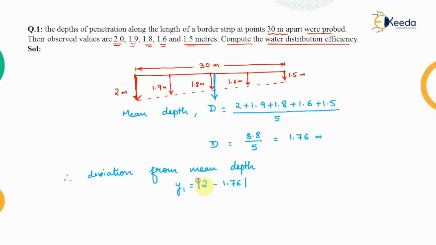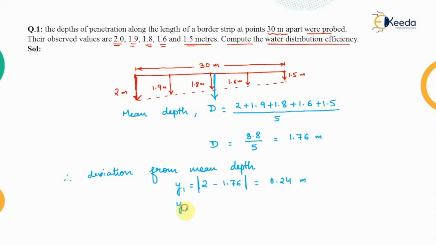We will take the mod value so that we get the absolute deviations. We are not concerned with the positive or negative sense; we are concerned with the absolute deviation from the mean value. So the first deviation will be 0.24 meters.